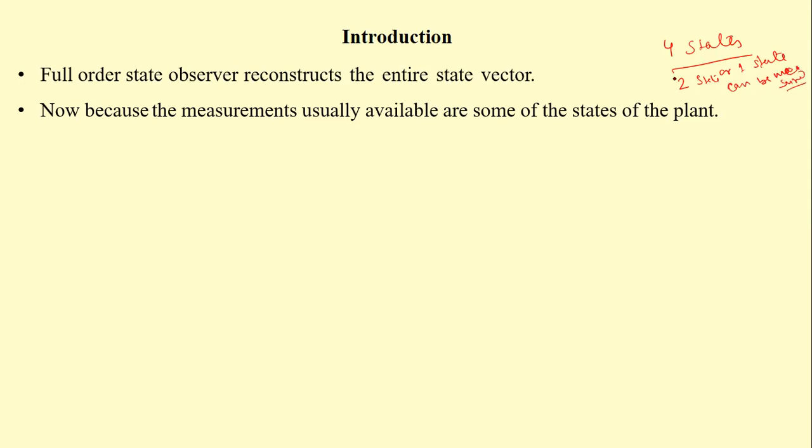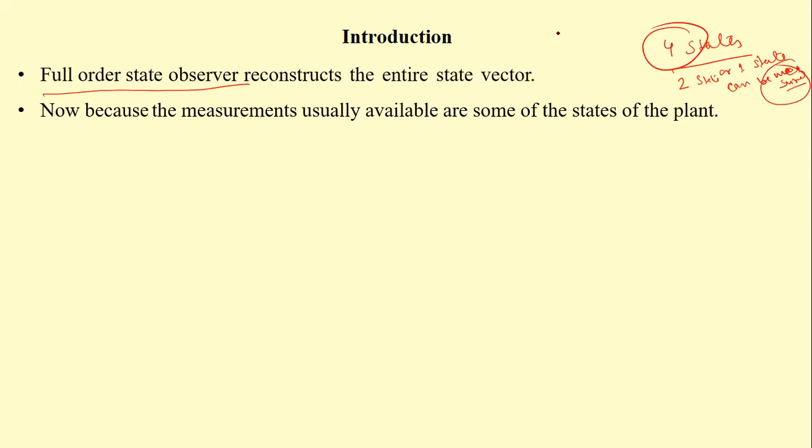So the rest, two states or three states, we need to estimate. Now in a full order state observer, we can estimate all four states, even if a state is measurable.